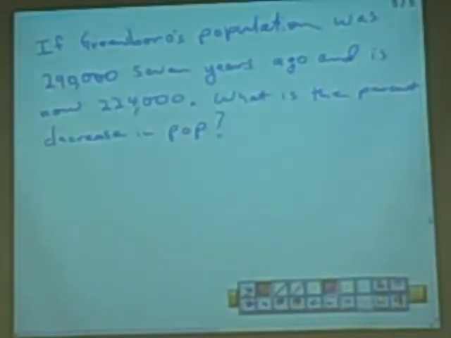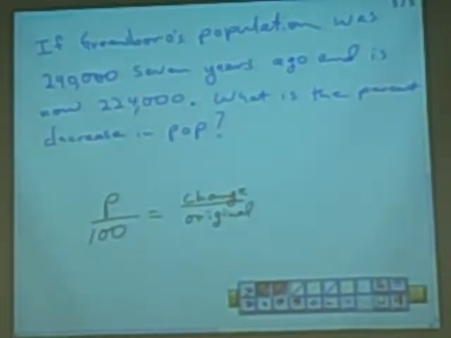Alright. The 24,000, first of all, we're looking for what here? Percent, right? So automatically, you could write this as P or X, either way. We'll just write it as P over 100 equals change over our original. And we looked at original before as our base, right? So, the change, we need to figure out what that is.